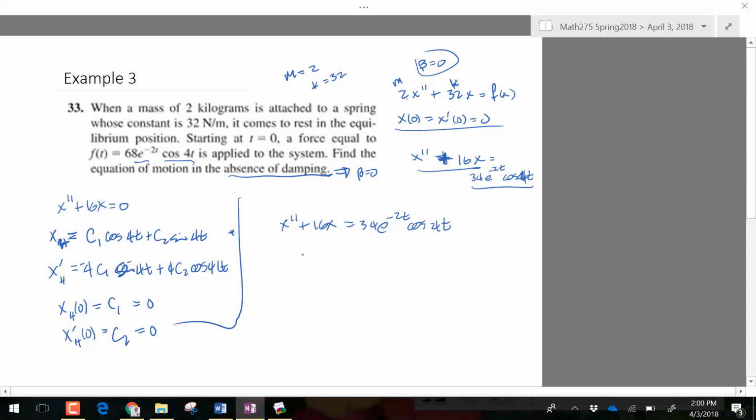We have to assume that our particular solution, which we'll call x sub p, is a linear combination of the sine and the cosine of these things: a e to the minus 2t cosine 4t plus b e to the minus 2t sine 4t. And this is using undetermined coefficients.